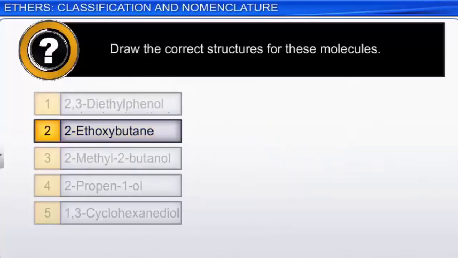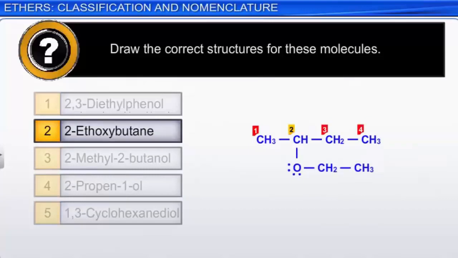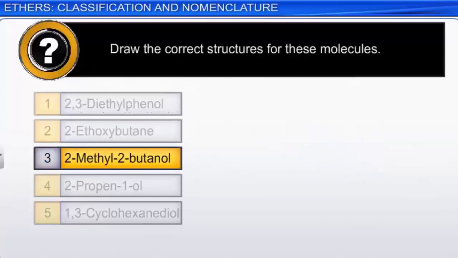Start with a butane chain which has 4 carbon atoms. At carbon 2, insert an ether linkage to an ethyl group. Molecule 3 is 2-methyl-2-butanol. Start with a 4-carbon chain from butane. Place a hydroxyl group on carbon 2 and then put a methyl group on the same carbon.